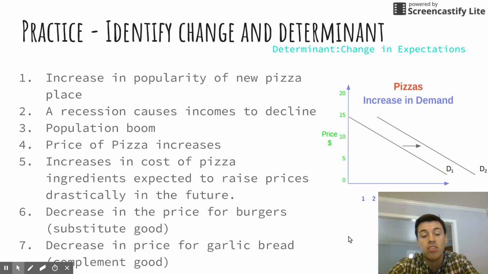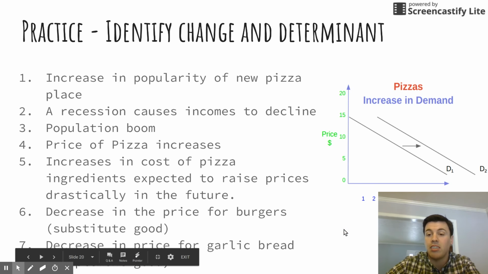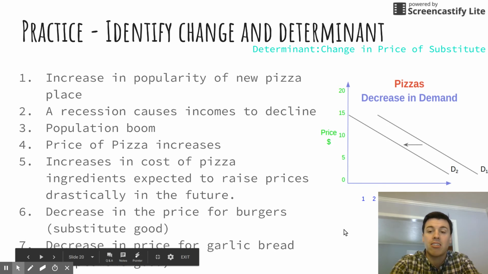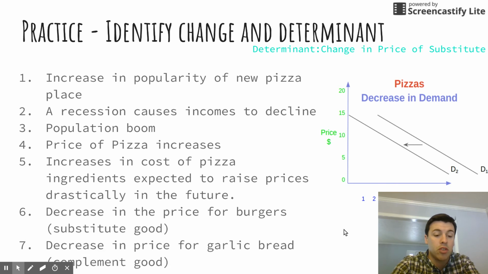If we were to draw this out, this would be an increase in quantity demanded for burgers because of the lower price, so inverse relationship: increase in quantity demanded for burgers, movement along the curve. Since more people are buying burgers because of the lower price, that's going to hurt demand for pizza because it is identified as a substitute good. So we would expect a decrease in demand based on a change in the price of a substitute good.